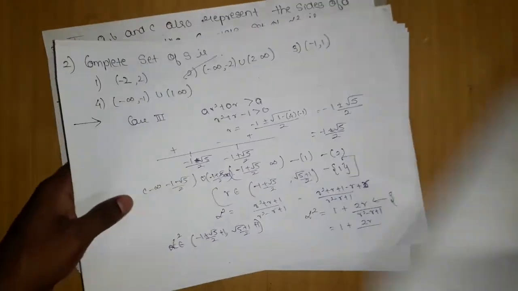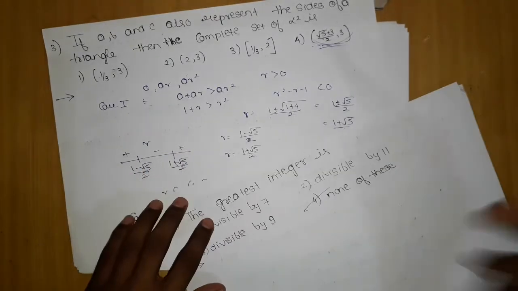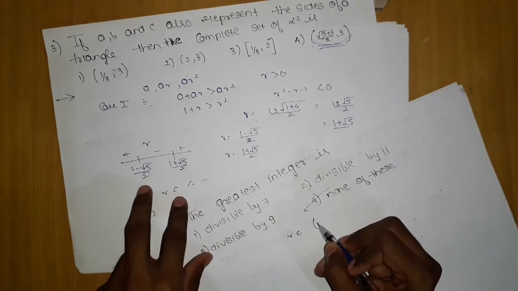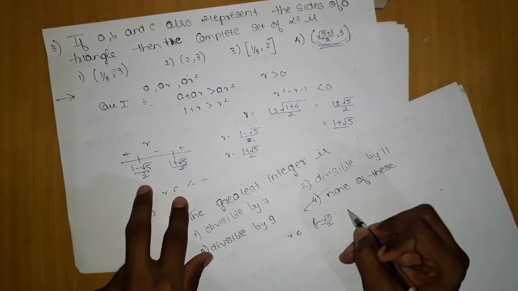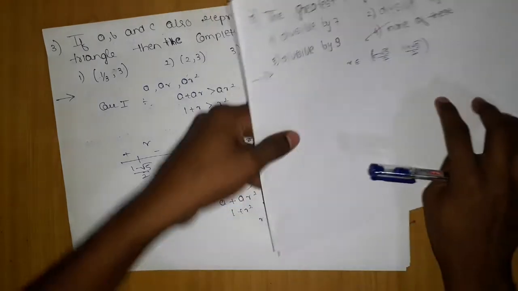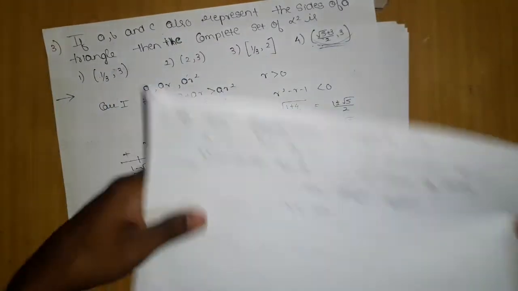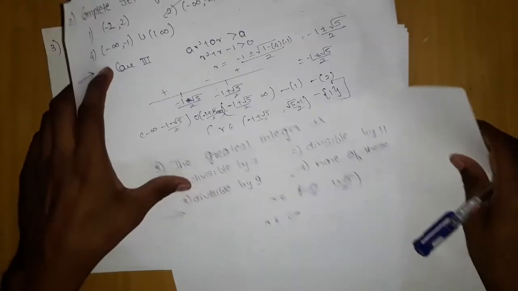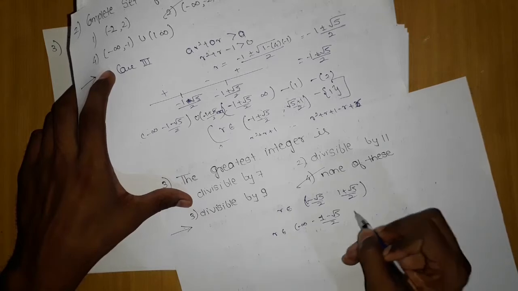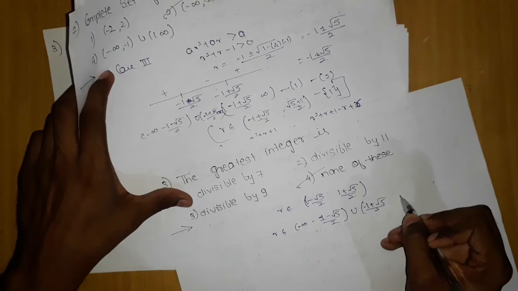Let me get the page. So what I did: when I considered this set, I got an r value belonging from (1 minus under root 5)/2 to (1 plus under root 5)/2. Then I got a second set, r belonging from minus infinity to (-1 minus under root 5)/2, union (1 plus under root 5)/2 to infinity.